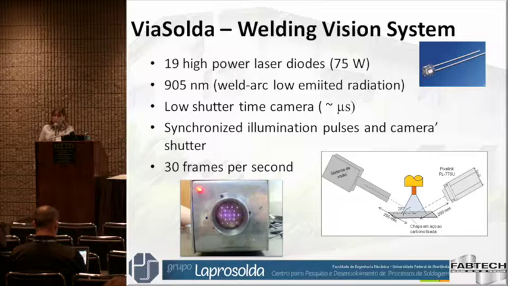We use a low shutter camera, an analog camera that is very low cost, about $100. And we synchronize the pulses of these laser diodes with the shutter time of the camera to give us the visualization of the welding. It's 30 frames per second, a low speed camera.